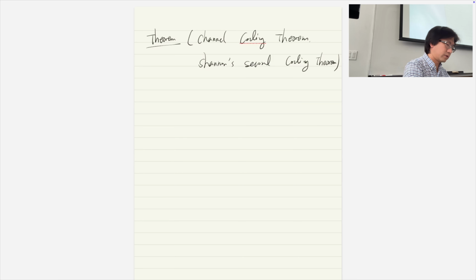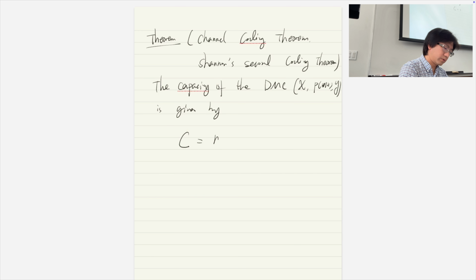The channel coding theorem means that the capacity of the DMC, discrete memoryless channel, (X, p(y given x), Y), is given by C equals the maximum over p(x) of the mutual information between Y and X. Okay, so this is the channel capacity, and we're going to prove that later. We're going to see some properties of it and how to evaluate that in practice, how to compute it.